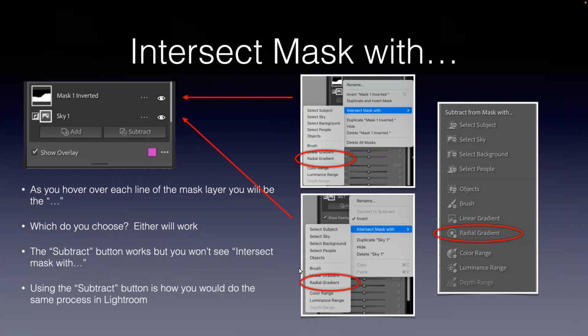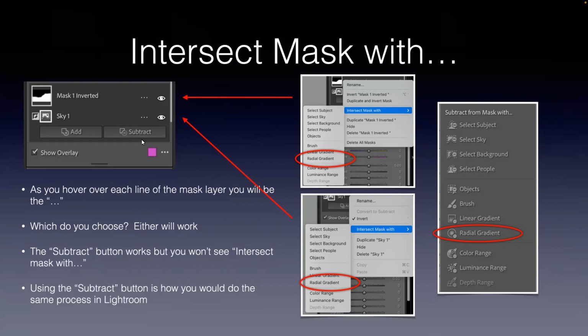The third option is you could go to the subtract button. We had the entire foreground selected of that mountain, and we wanted to subtract part of it from there. How are we going to subtract that area that was outside of that radial gradient to get rid of it?